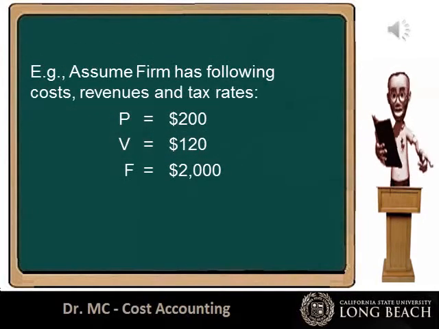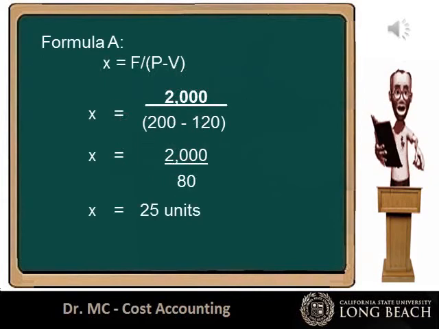Now, let us do an example. Assume that a firm sells its product for $200 a unit. Assume further that its variable cost per unit is $120, and that its fixed costs are $2,000. We will now plug those values into our formula A, which is X equals F divided by (P minus V).